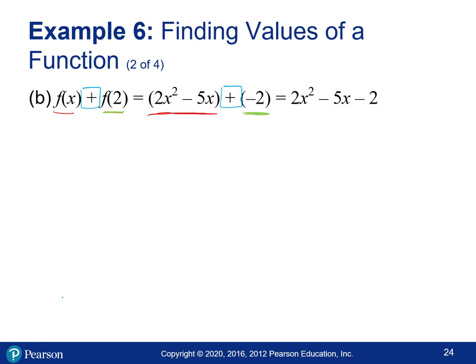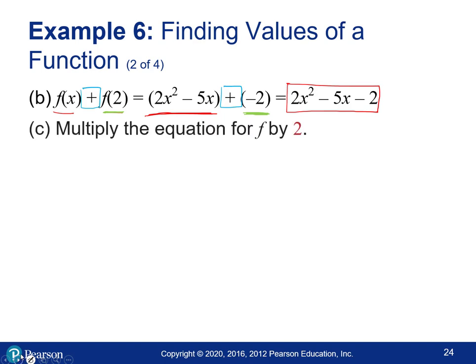So we were given f of x, so we just write it down, and then we figured out what f of 2 was from the previous example, and then we combine anything we can. There's really nothing to combine here. None of these are like terms. So this is the final answer. If anything combined, like maybe this was negative 2x, we could put that together with the negative 5x. But on this one, it's already as simplified as it can be.